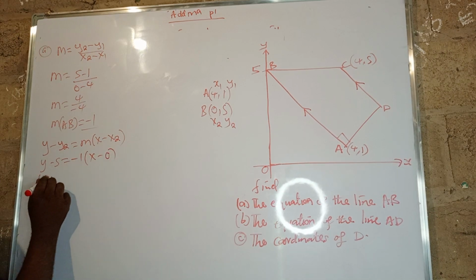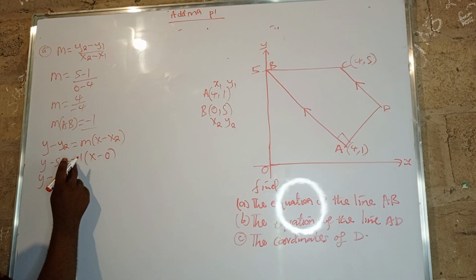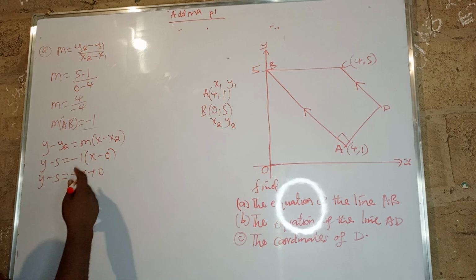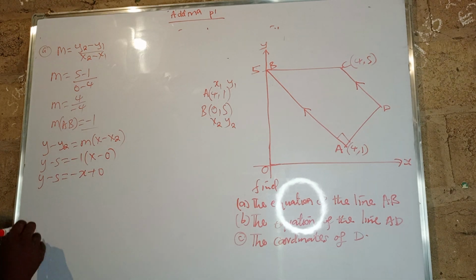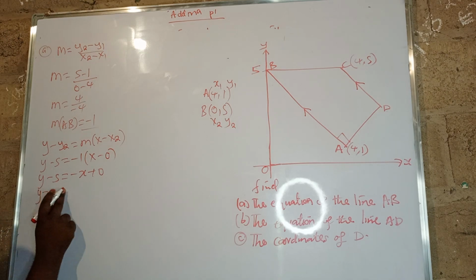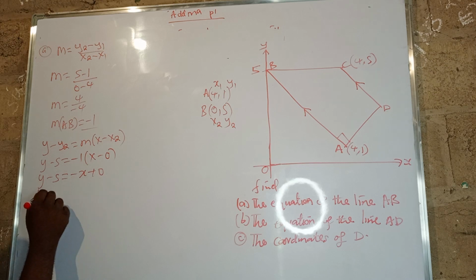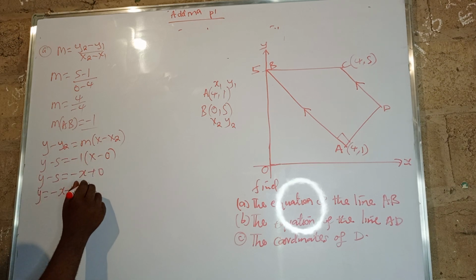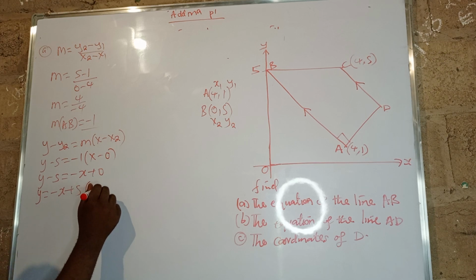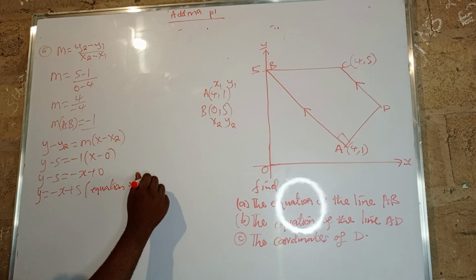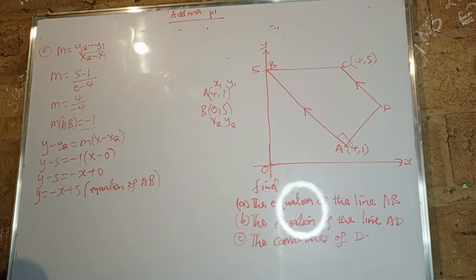So y minus 5 is equal to the gradient, negative 1, times x minus 0, which is the same as negative x. So I'll take this 5 to the other side, so y is equal to negative x plus 5 as the equation of AB. That's the final answer for the first question.